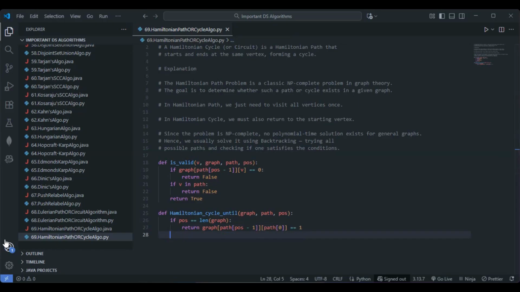We are just checking if there is an edge from the last to the first vertex.